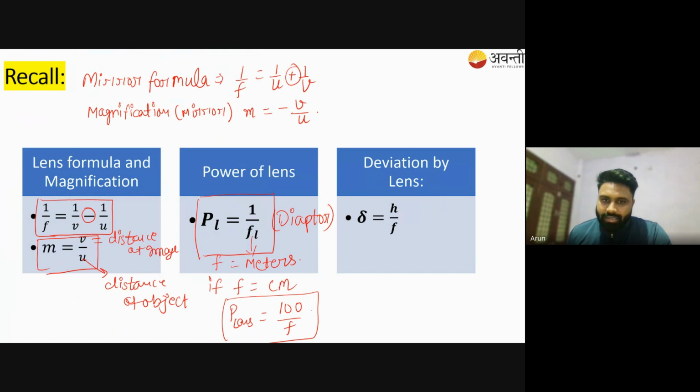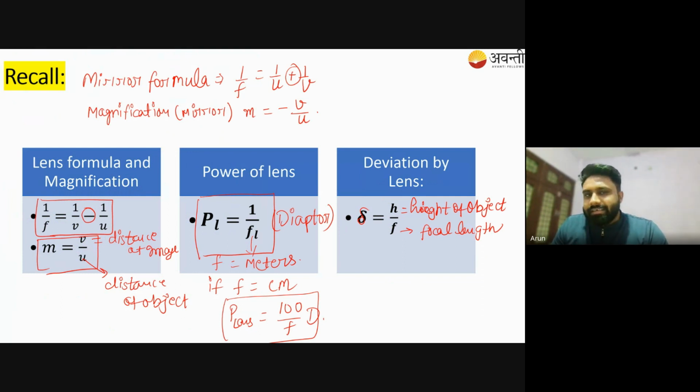Again, diopter is represented by capital D. The deviation by lens is delta equals h by f, where h is the height of the object and f is the focal length of the respective lens from which we are seeing the deviation. Got it? I hope you are clear with this. Now the next part.